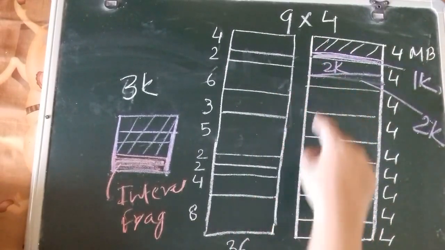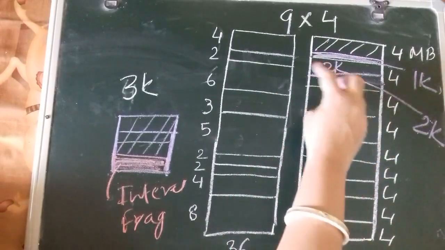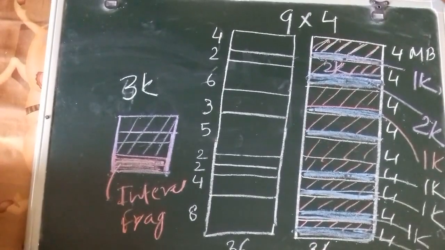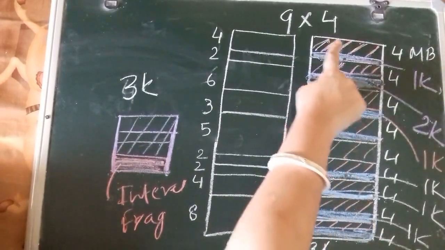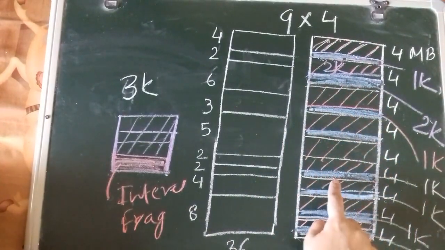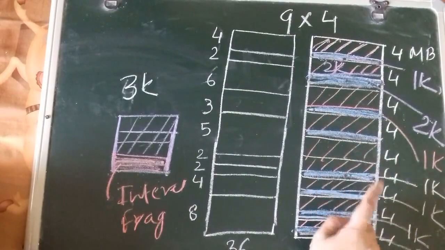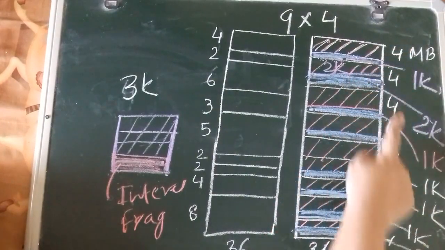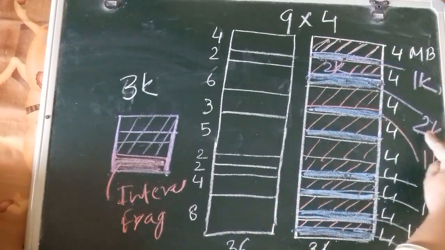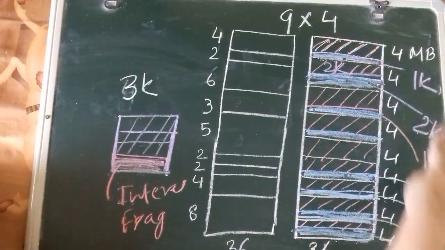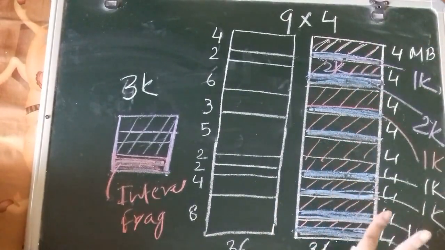Now, if many processes are entering the system, I will consider a situation. I have assumed that the pink portions are occupied by processes, and the blue portions are wasted inside the blocks. Together, 2 plus 1, 3, 4, 5, 6, 7, 8, 9K of space is completely wasted.